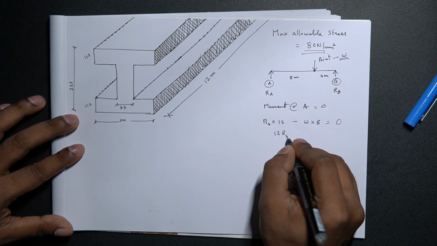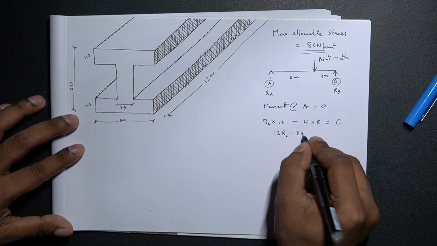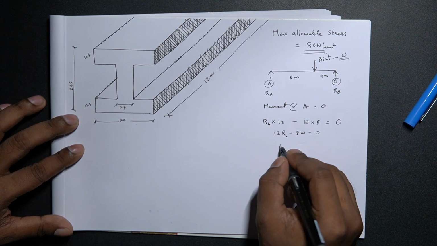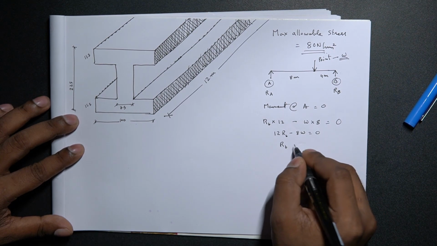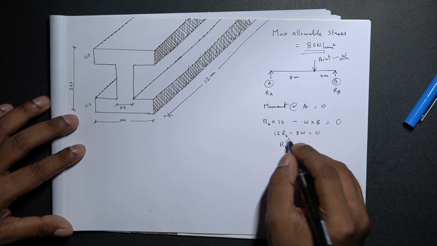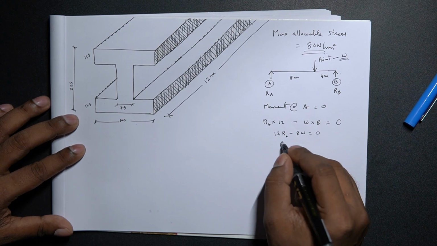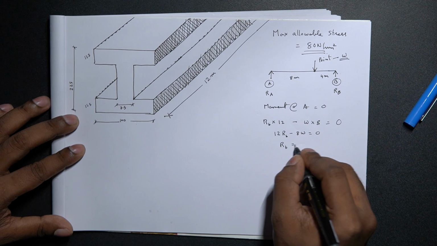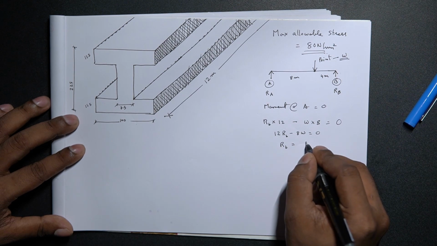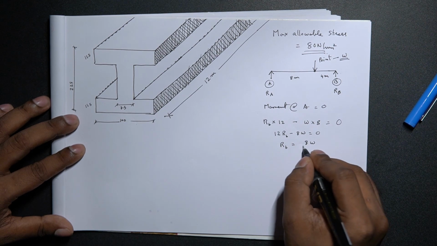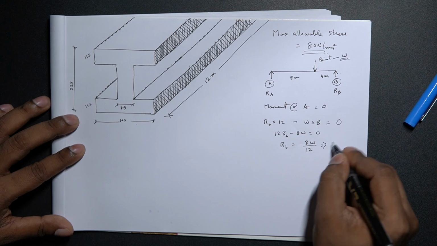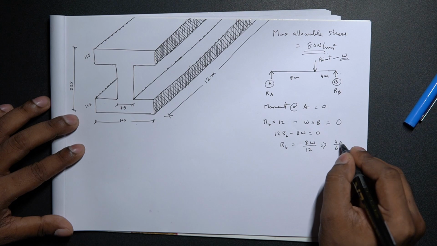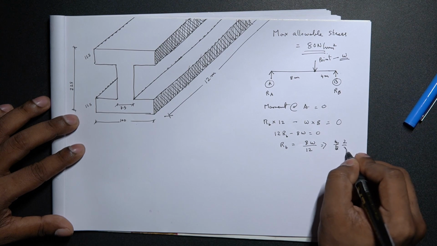So 12 RB minus 8 W is equal to 0, and RB is equal to 8 W by 12. This can be written as 4 by 6, or simplified to 2 by 3 W.